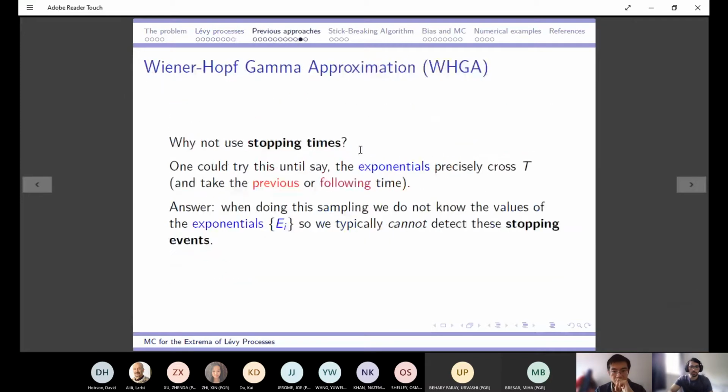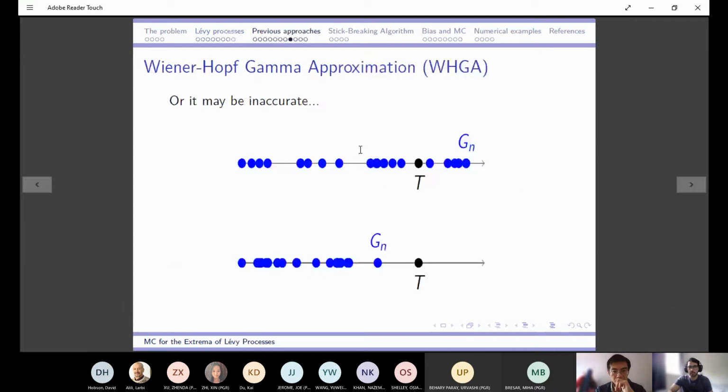Okay, so maybe someone could ask, if I can get exact draws from the maximum and the state over these exponential time horizons, why don't I just stop, say, the first time I'm about to go beyond capital T, or the first time I go beyond capital T? Surely this would decrease the distance between the exact simulation of this grid up to this blue circle and the actual supremum up to just capital T, instead of going all the way to this Gn or falling too short, right?